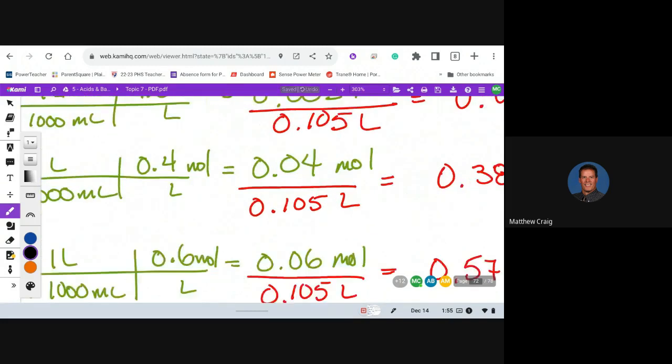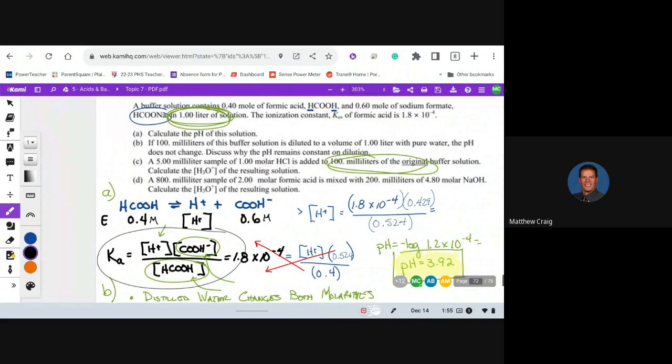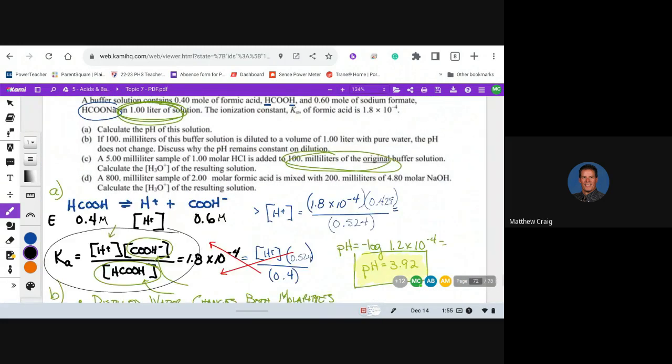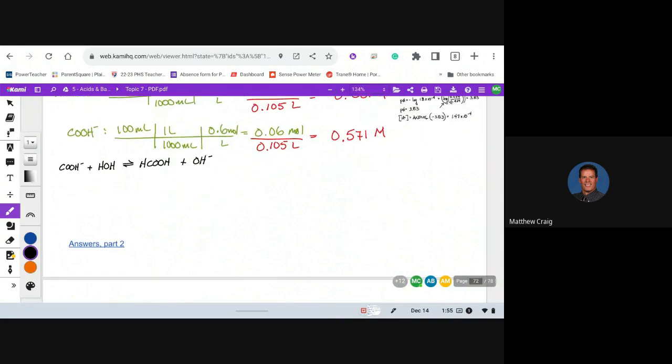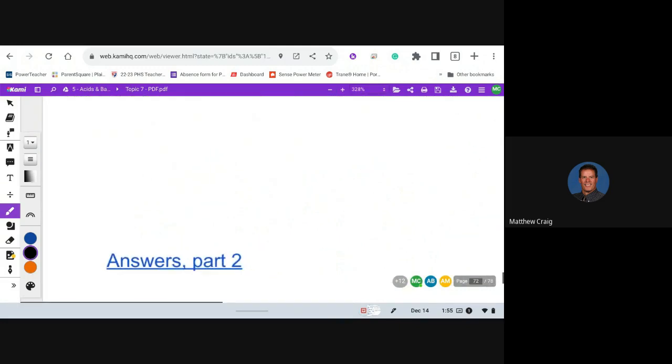Okay, so let's see, what did we have? 800 of a 2 molar. So 0.8 liters of a 2 molar.